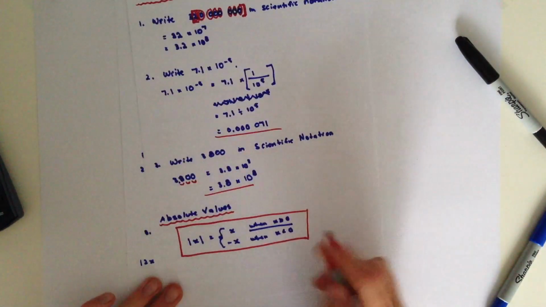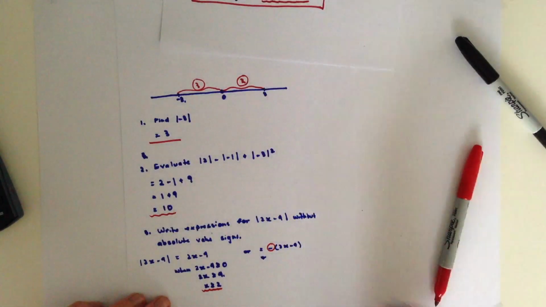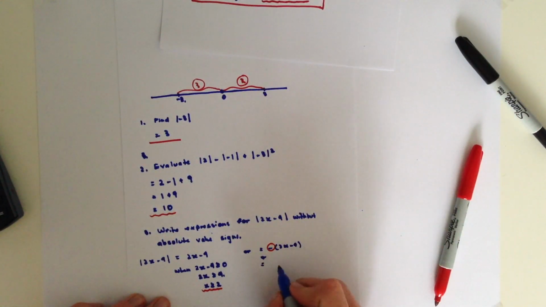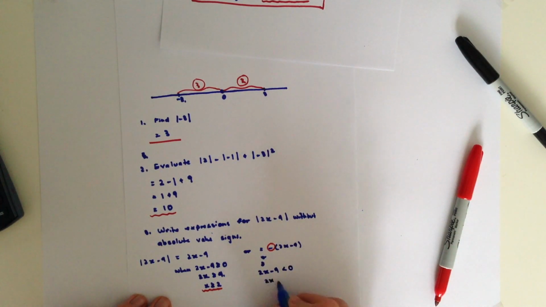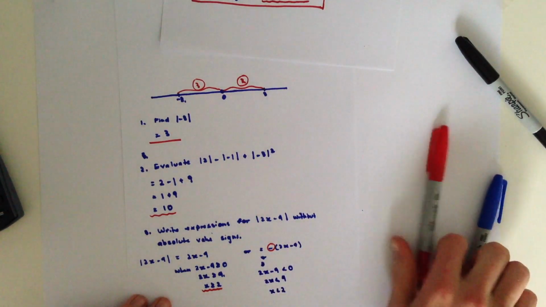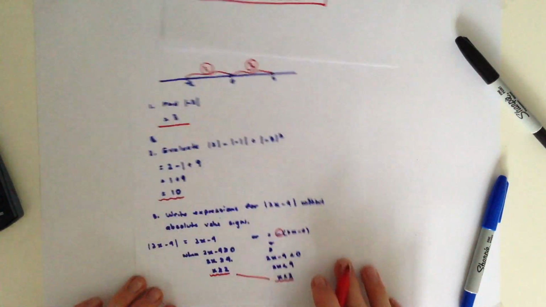If you look back at this definition here, when the expression is lower than 0, we get 2x minus 4 lower than 0, 2x is lower than 4, x is lower than 2. And there are our two answers.